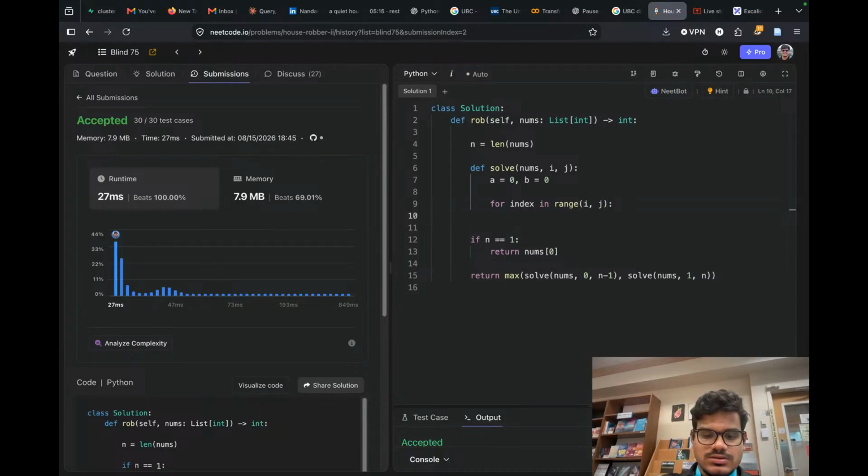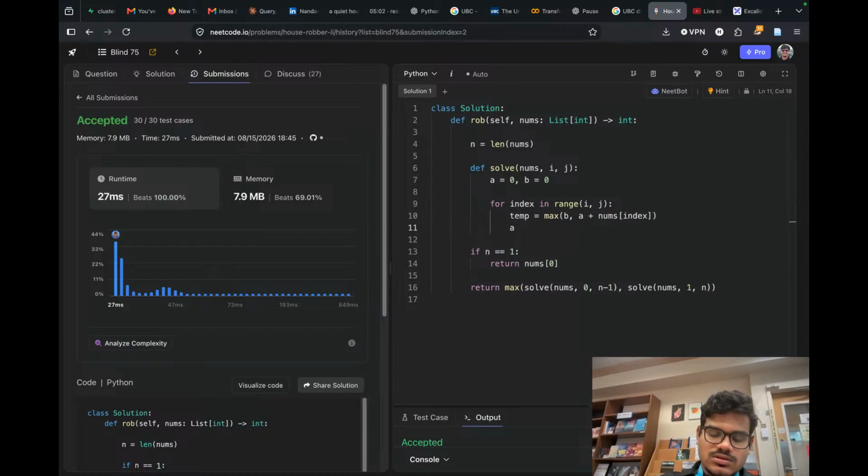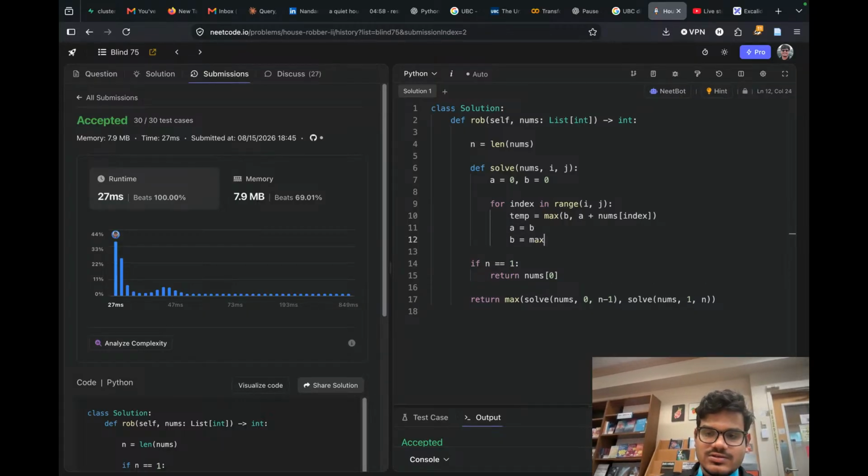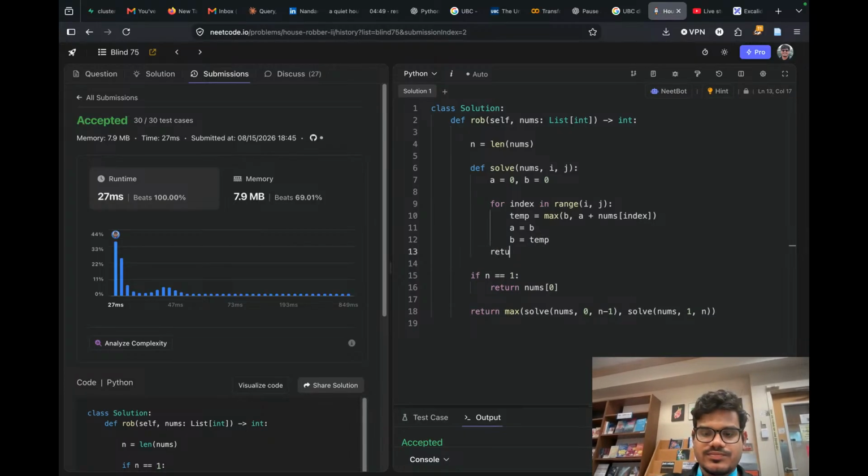What we have to do is temp will be equal to max of b, a plus nums of index, a equal to b, b equal to temp, and return b.